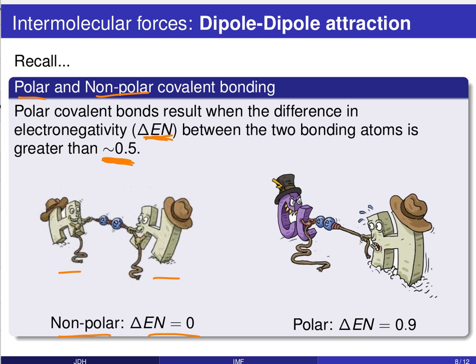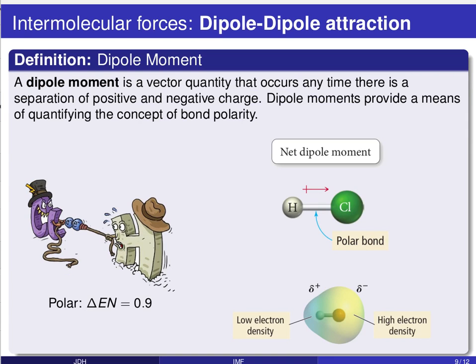Now, if you take two elements of differing electronegativity, for example chlorine and hydrogen, and you look up the electronegativity table, you find the difference in electronegativity is 0.9. This is above that 0.5 cutoff, and so we classify this covalent bond as a polar covalent bond. Remember, we took this a step further.